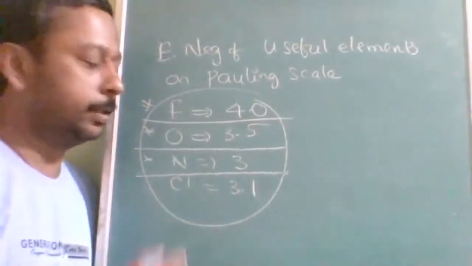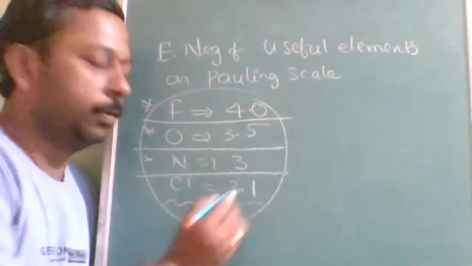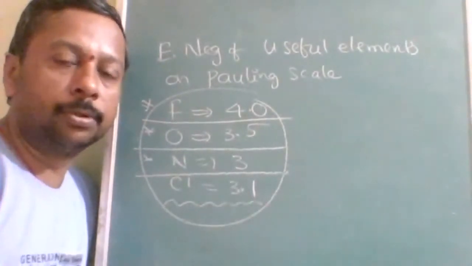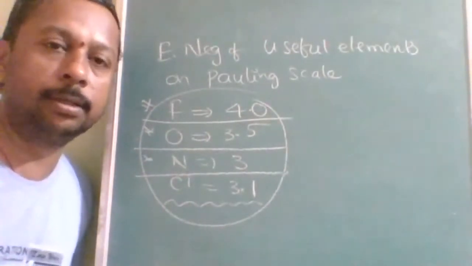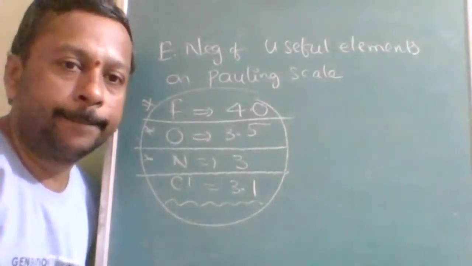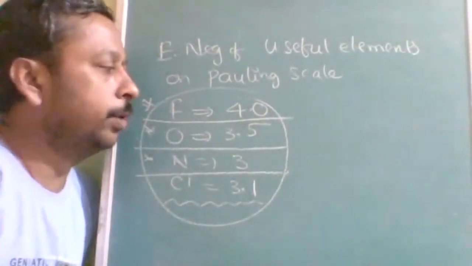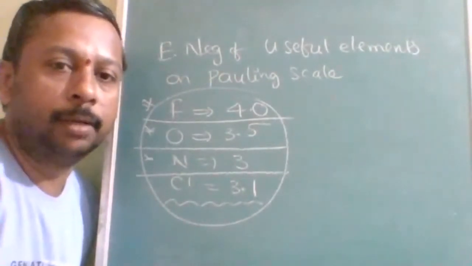Okay, this is a doubtful case. Actually, 3.1 does not provide the accuracy, because the most electronegative elements are fluorine, oxygen and nitrogen, due to which they form hydrogen bonds. So the fluorine value is 4, oxygen value is 3.5, nitrogen value is 3.